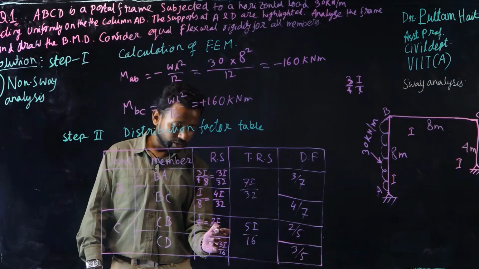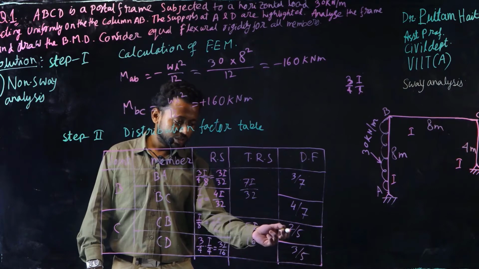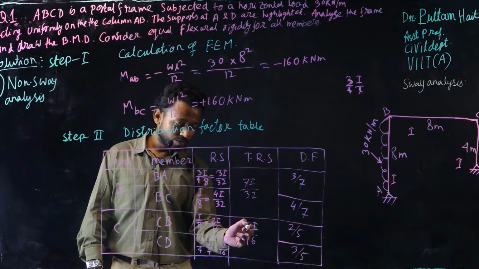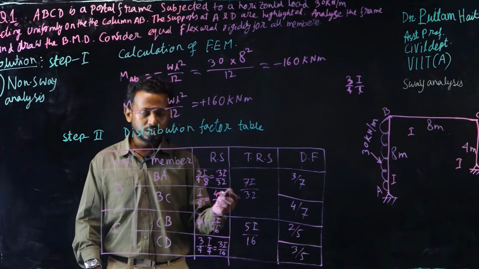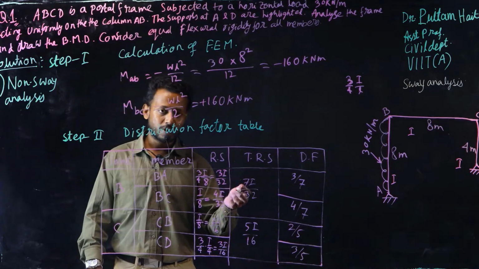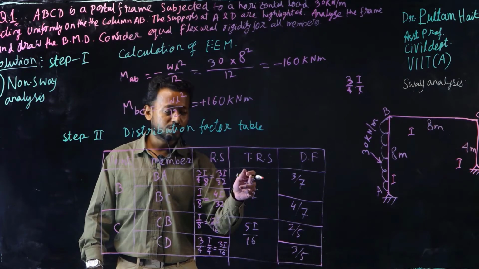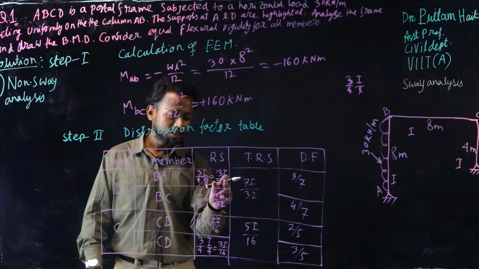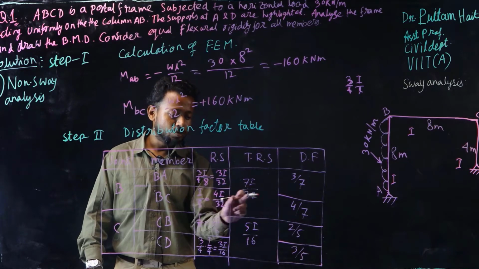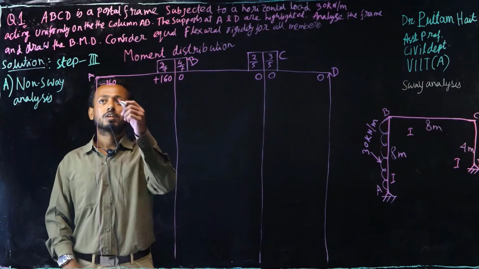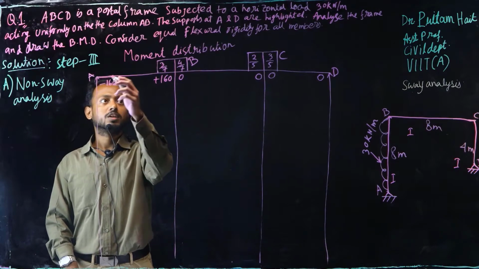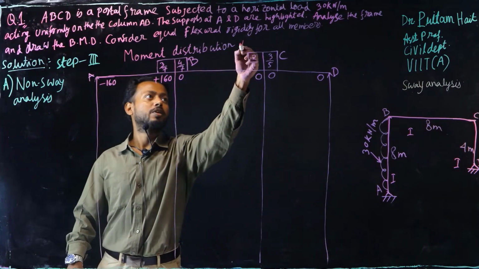Since the denominator in both cases is 16, the distribution factor will be only 2 by 5 and 3 by 5. It will be very easy. So in this way you can simplify the calculation of total relative stiffness and distribution factor just by keeping the denominators equal. You need not touch the calculator. Okay, so come to step number 3, moment distribution table.